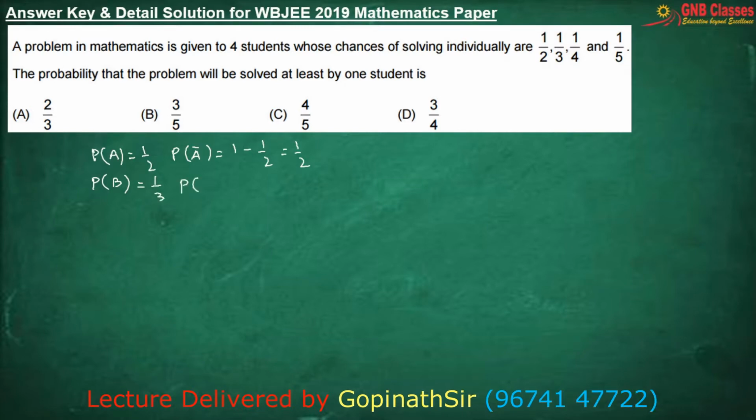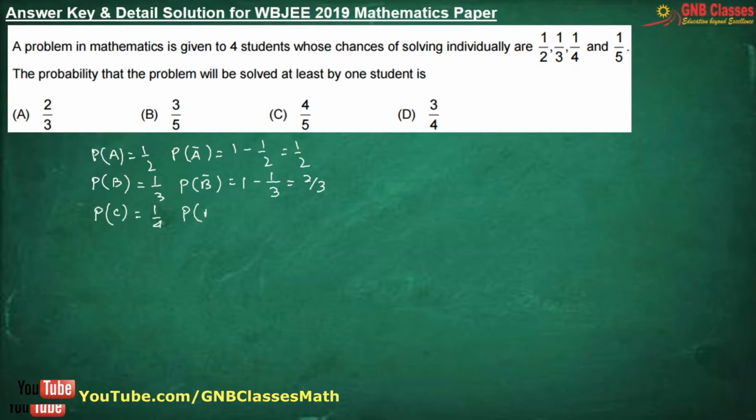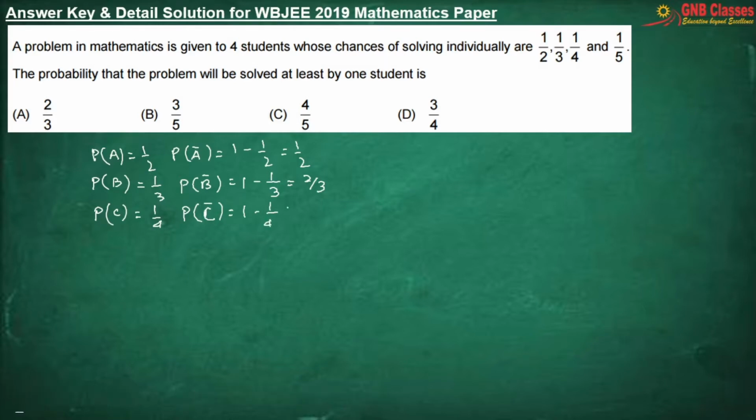PB is 1/3, so PB bar, that is the probability the problem will not be solved by student B, is 2/3. Probability of C given is 1 by 4, so the problem is not solved by C is 3 by 4.